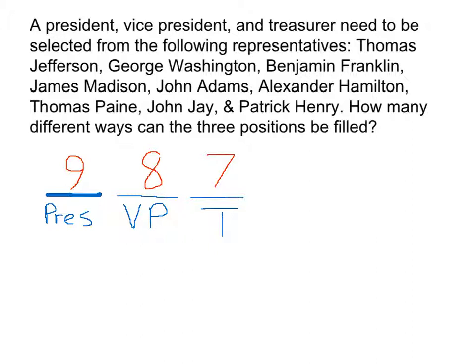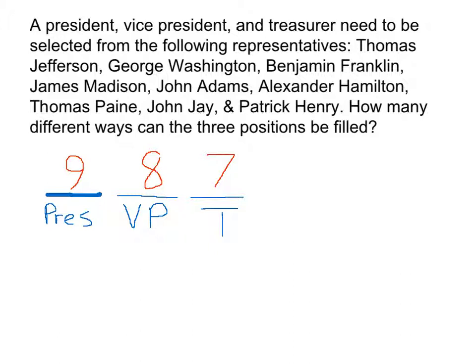Now, again, I have 9 different choices for president. I could choose Thomas Paine to be president if I wanted to. Then for that choice of Thomas Paine, I have 8 different choices for vice president. And if I choose Paine to be president and then Hamilton to be vice president, for that ordering, I shouldn't say combination, that's a special word here.